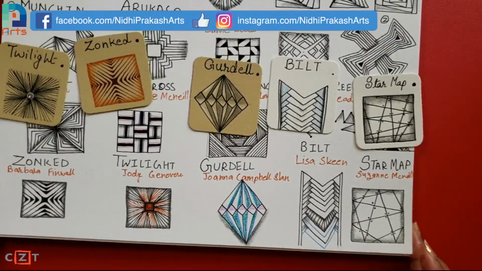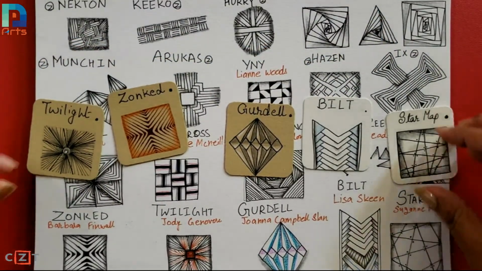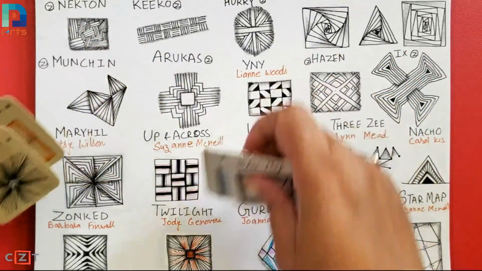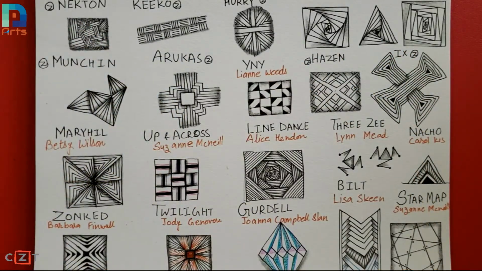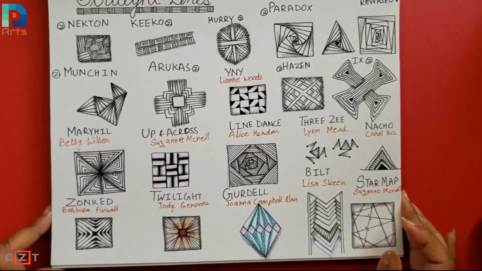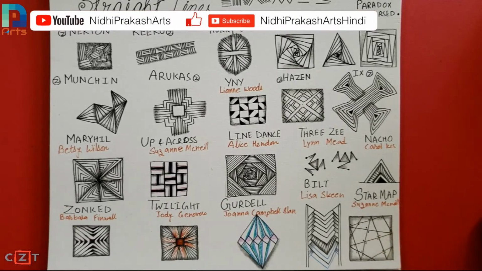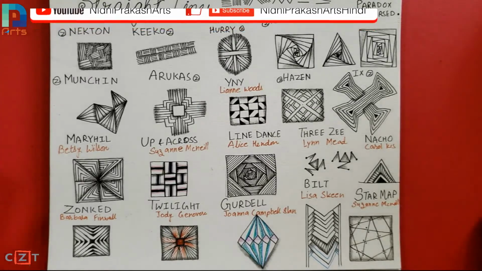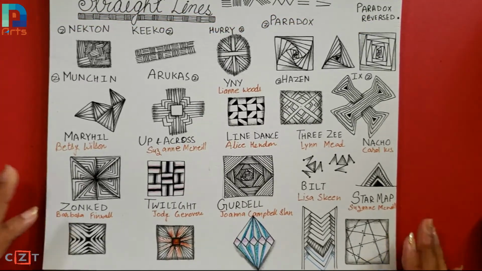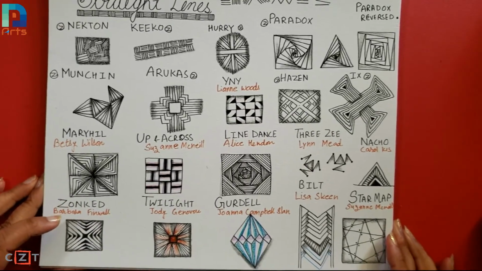So that's it for the straight line tangles. There are many more tangles which we can put into the straight line tangles, and they can put into the other styles also, but as of now I just want to stop here for the straight line tangles.